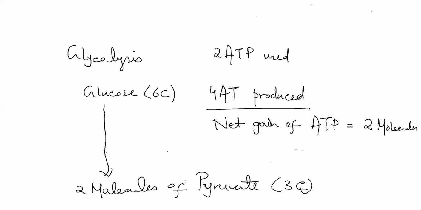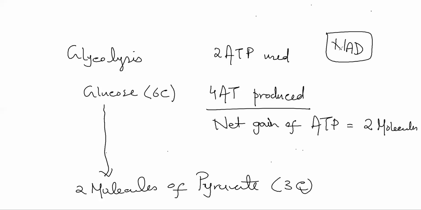And then on the way, we know that the process of dehydrogenation occurs, as a result of which hydrogen is removed, and that hydrogen is accepted by the hydrogen carrier molecules. Before accepting hydrogen, they are in the oxidized state. Once they accept hydrogen, they get reduced. The hydrogen carrier molecule involved here was NAD, nicotinamide adenine dinucleotide.